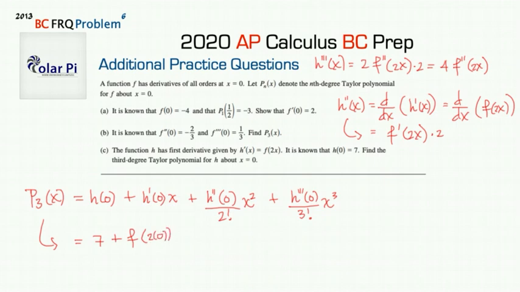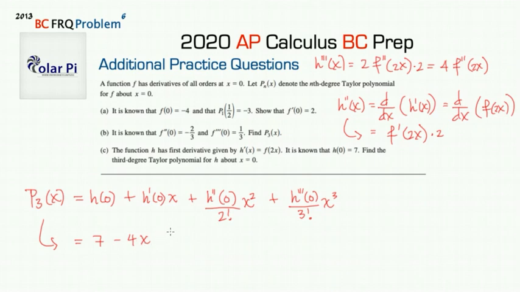So that's f of 0, right? And we were given f of 0 somewhere, and that's -4. So we're going to have -4 times x. I'm saying h prime of 0 is simply f of 0. Just plug in 0 here, and that turns into f of 0. And we're given f of 0 right here.